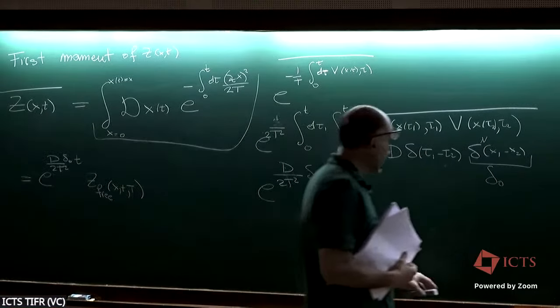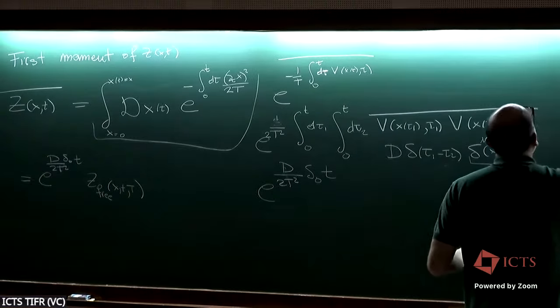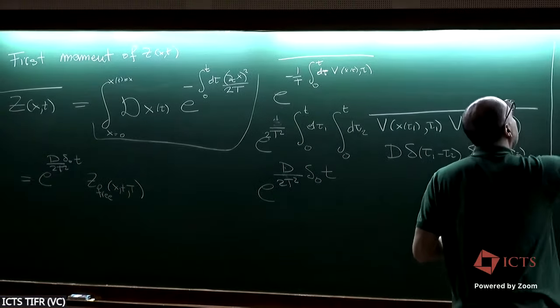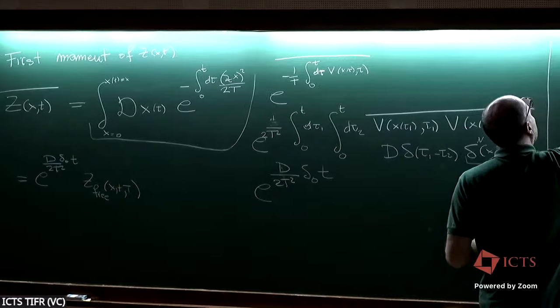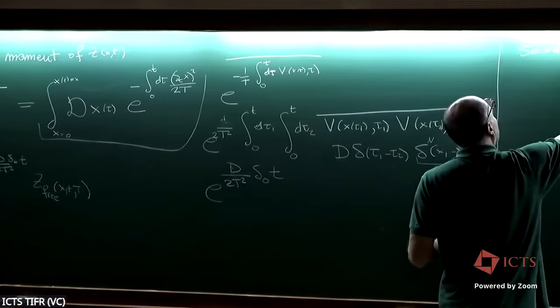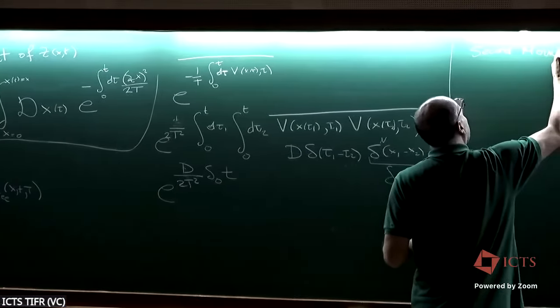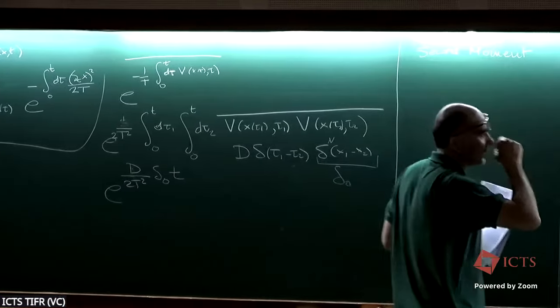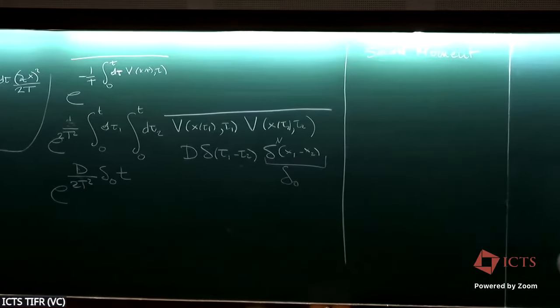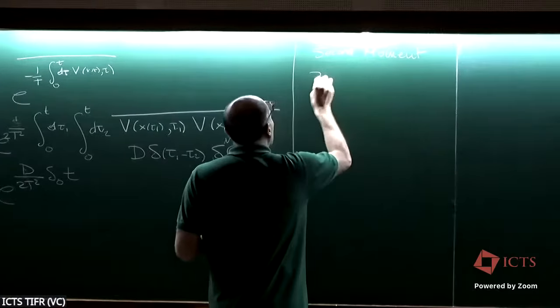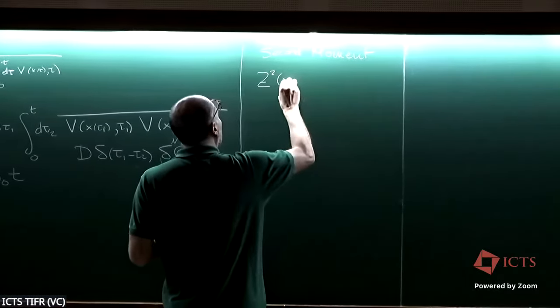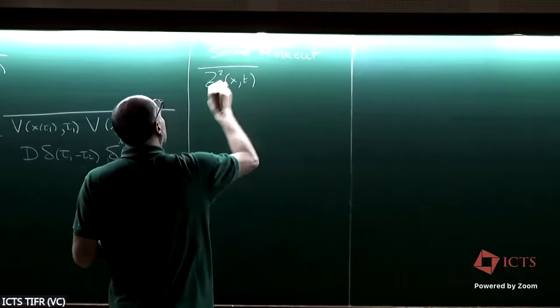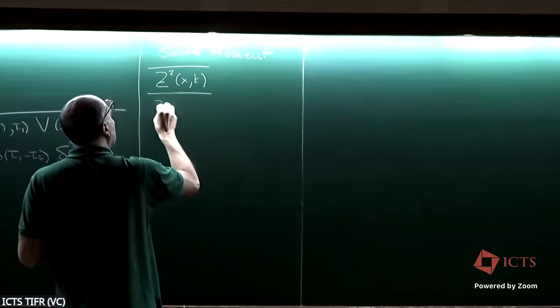So now let's do the second moment. Let me remind you why we do the second moment. So I write here what we want to look at, at the end, is this object.